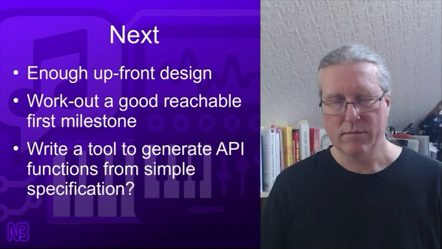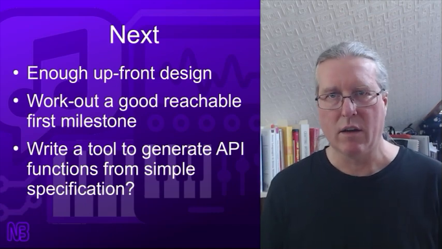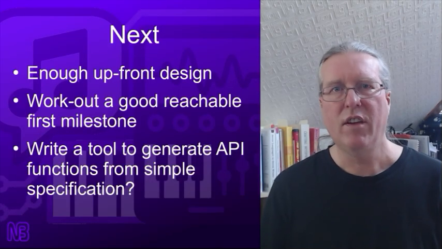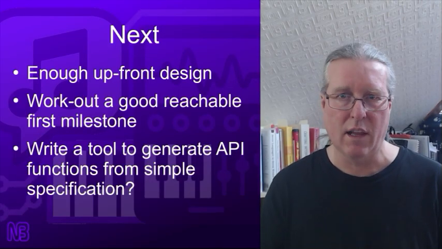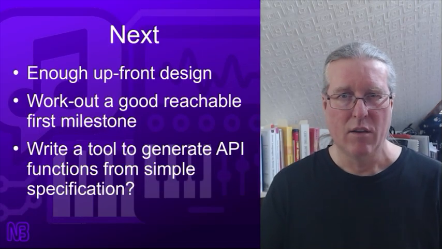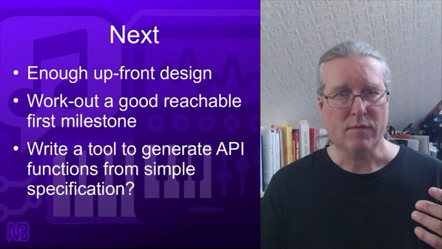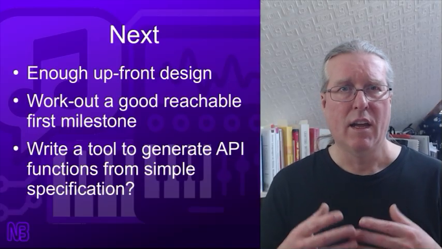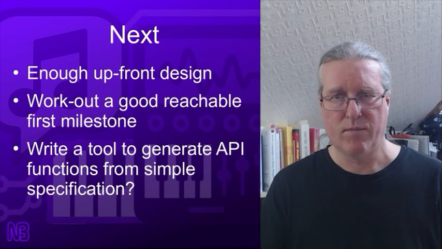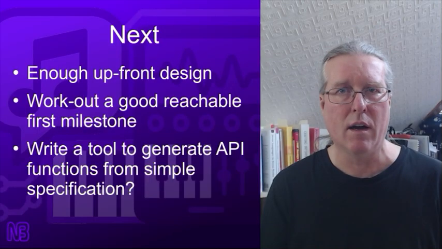Quite early on, I need to write a tool to generate API functions from a simple spec, because these functions will need to have host side, client side, they'll maybe have a C# client and a JavaScript client, for the web API that is, and ideally there will be a generated command line test interface for every bit of the API.